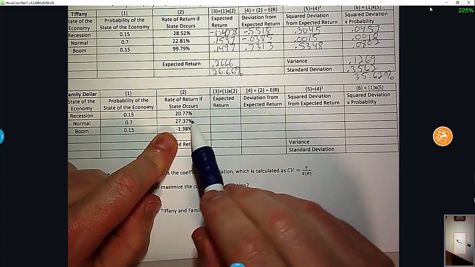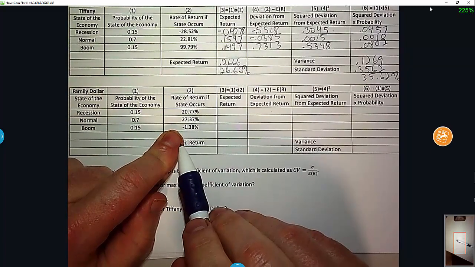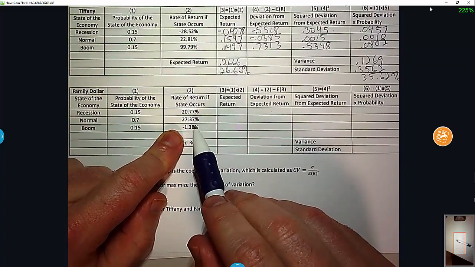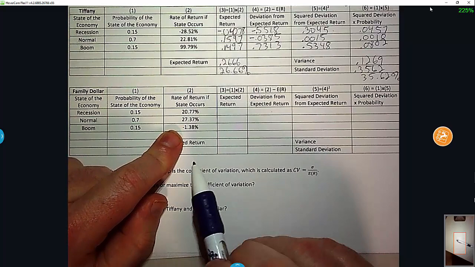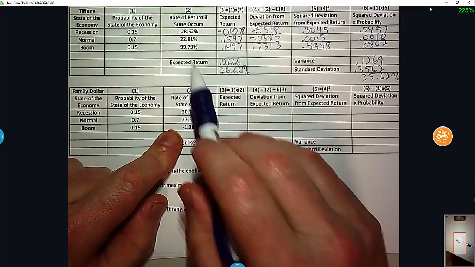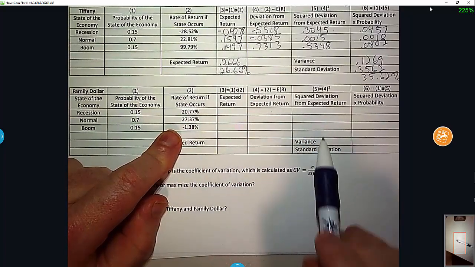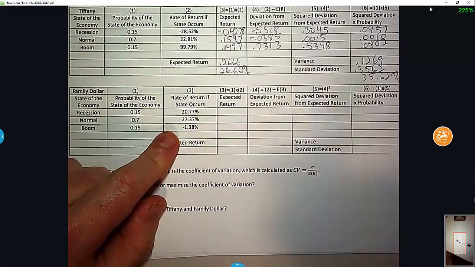In a recession, Family Dollar does okay, and so our range is really about 28%, or I'm sorry, closer to 29% between the two. Compare that to this almost 130% range, so we should have a smaller standard deviation.